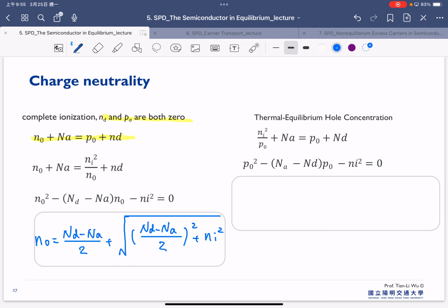And doing the same thing, we can calculate p0.